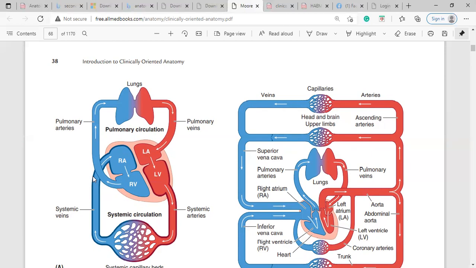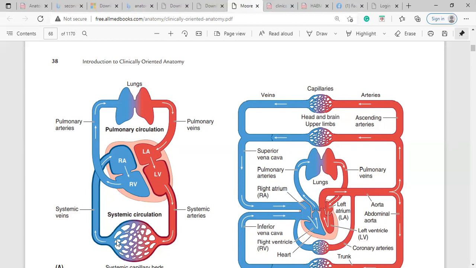Both of them contain oxygenated blood, because in the pulmonary circulation, the pulmonary vein into the left atrium carries oxygenated blood, isn't it? And this part of the systemic circulation carries deoxygenated blood. So it means both pulmonary circulation and systemic circulation contain oxygenated and deoxygenated blood, yes?